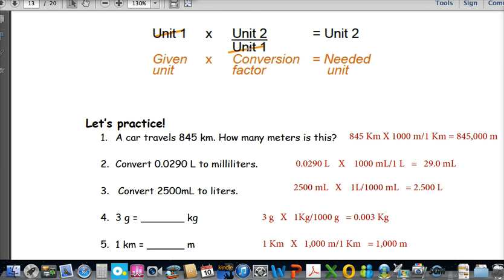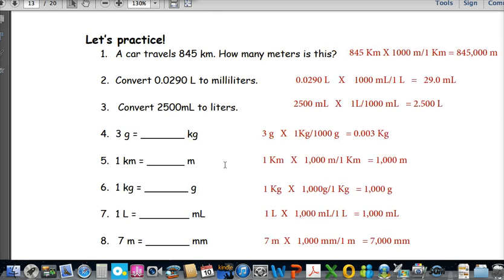So that would be 0.0290 times 1,000, which gives you 29.0. Again, if you're saying to yourself, what is this man talking about? Don't worry about it because you don't need to use conversion factors. And when we get to these conversions, we'll talk about them in the units. I just want to introduce you to them.